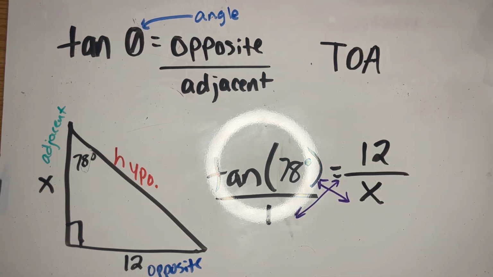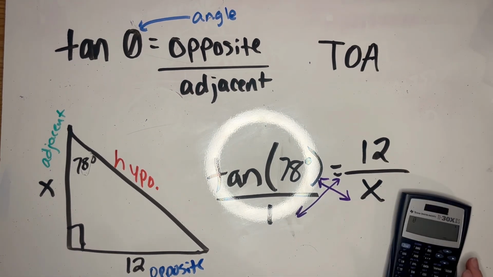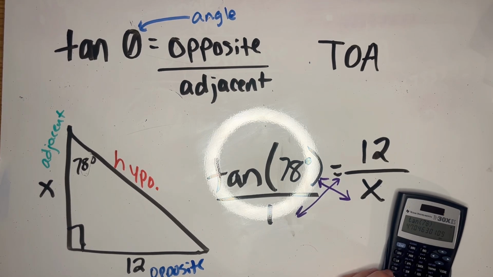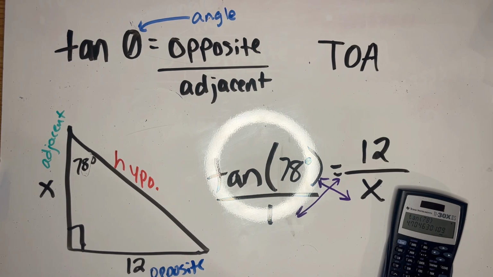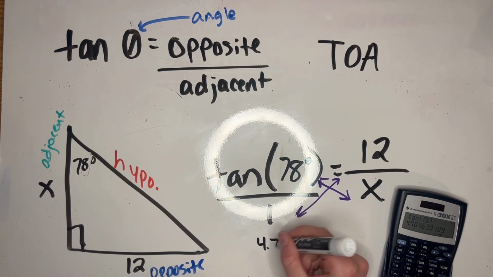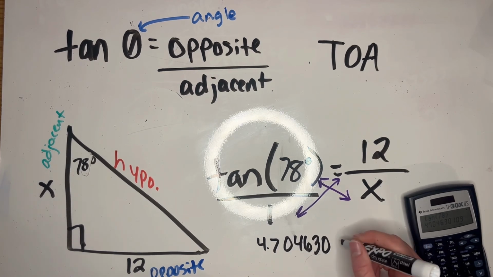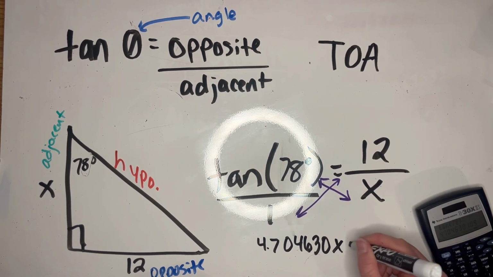And then go ahead and cross multiply. So tangent of 78 gets us 4.704630, we'll say, times x.